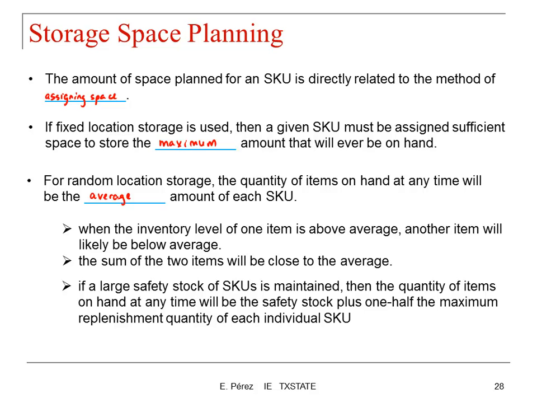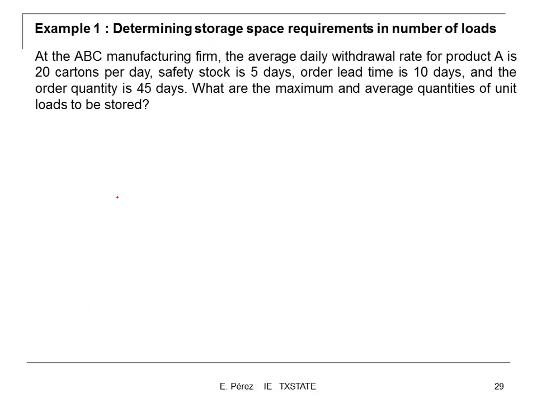Okay, so the first example says that we need to determine the storage space requirement in number of loads. In the ABC manufacturing firm, the average daily withdrawal rate for product A is 20 cartons per day. We have a safety stock of 5 days, and the order lead time is 10 days.